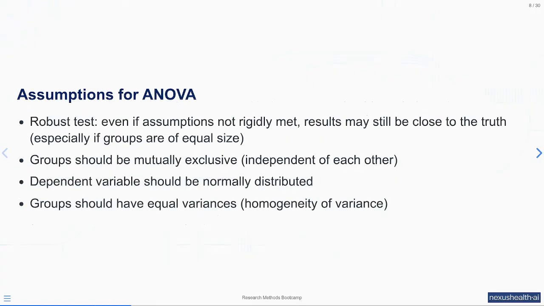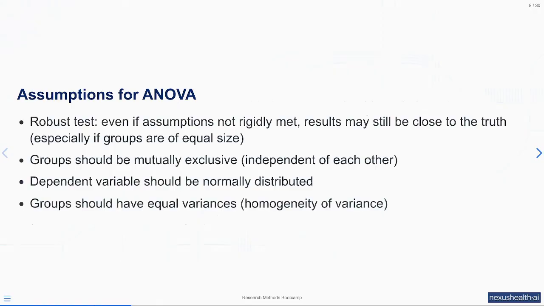There are certain assumptions for us to be able to do the one-way ANOVA test. It is a robust test. Even if assumptions are not rigidly met, the results may still be close to the truth, especially if the groups are of equal sizes. Nonetheless, the assumptions that we are interested in are that the groups should be mutually exclusive, so they should be independent of each other.